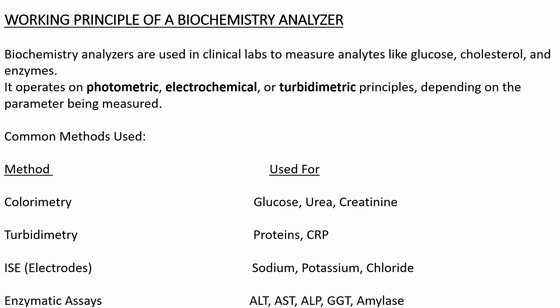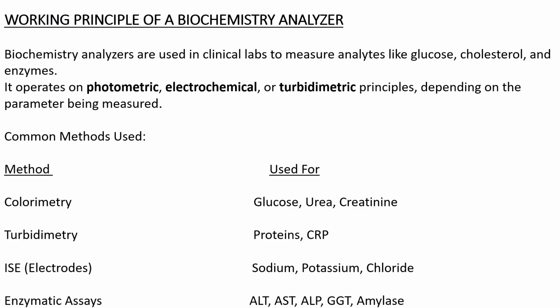ISEs, or ion selective electrodes, are used in the estimation of sodium, potassium, chloride, or ionized calcium, which have electric charges. The principle is that there is an ion selective membrane, which is a semi-permeable membrane, and it is selective for the particular ion. Say if it is sodium, the sodium channel will be selective for only the sodium ions.